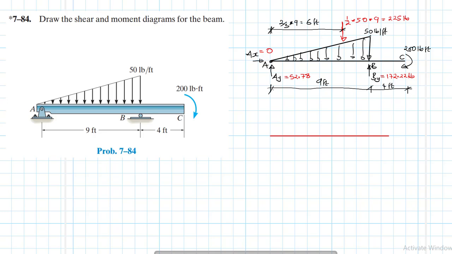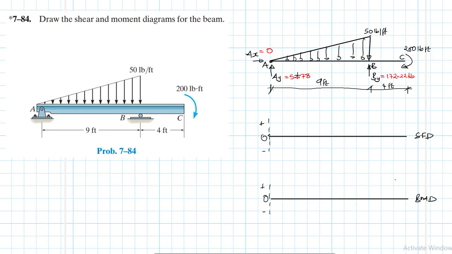So let's prepare the space where we're going to be drawing the shear and moment diagrams, like so. All right, so there we go. This is the shear force diagram, and this is the bending moment diagram. This is 0, plus and minus.